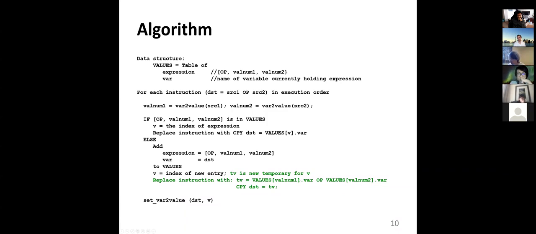So if that was a plus b, that would be R1 plus R2, and that's assigned to register, say, T3.